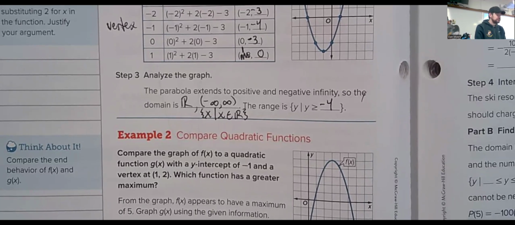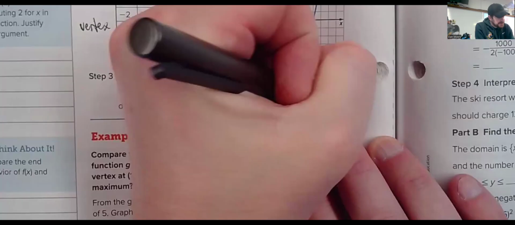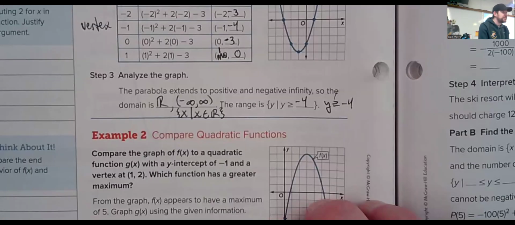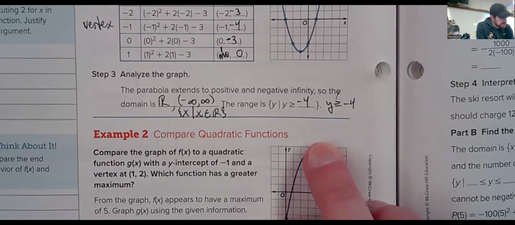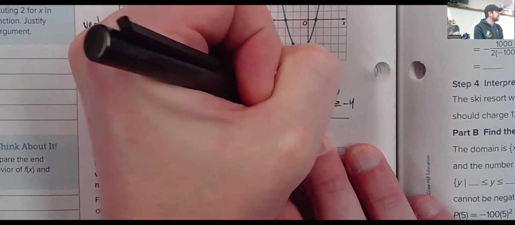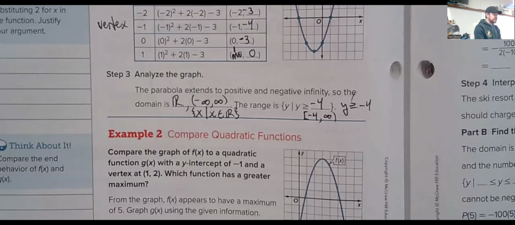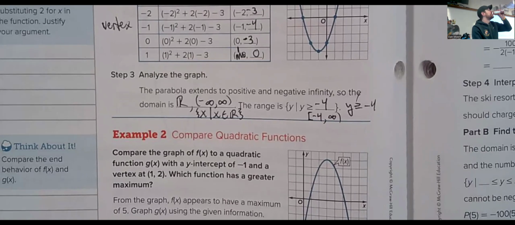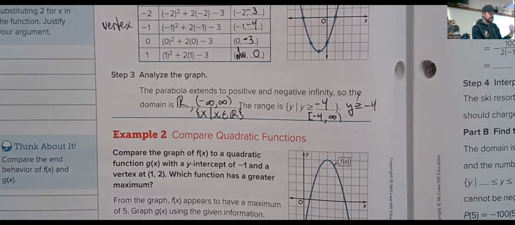Or if you want to go with algebraic notation, you would say y is greater than or equal to negative 4. Or if you want to go with interval notation, you would say bracket negative 4, comma, infinity, parenthesis. So those are your three options in terms of how to write the range.